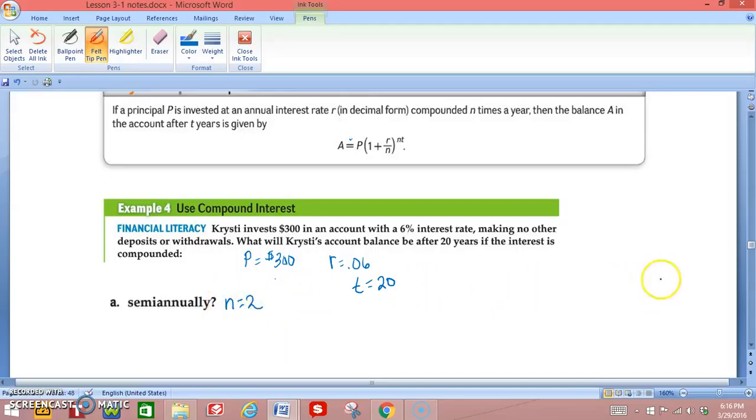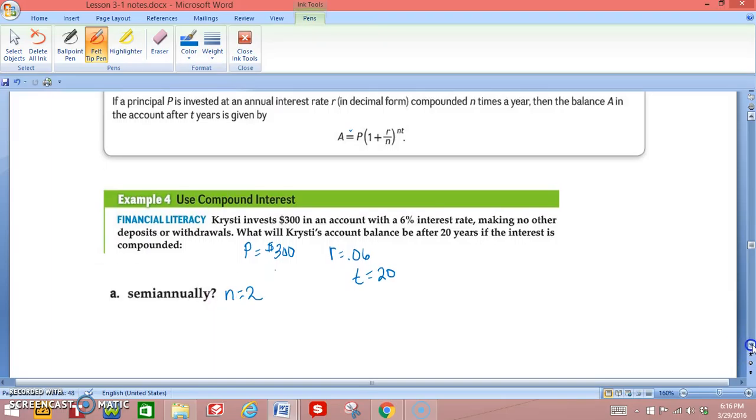So we're going to plug this into our compound interest formula up here. A equals P times 1 plus R over N to the NT power. So A, we're finding A, the balance we would have, equals P, 300, times 1 plus R, 0.06, over N, 2, to the NT power.